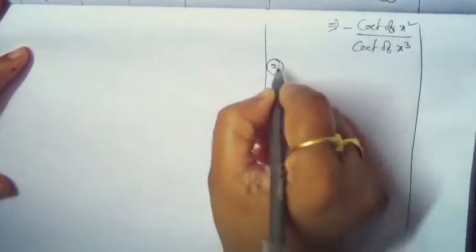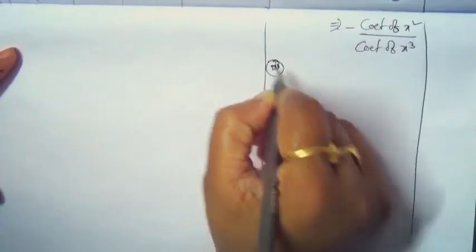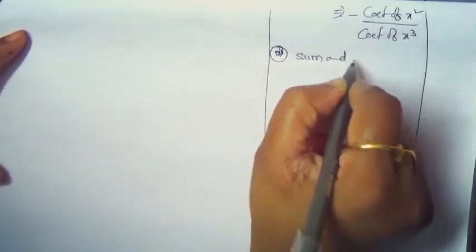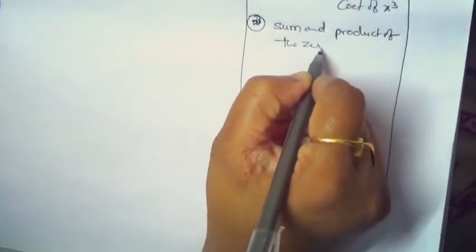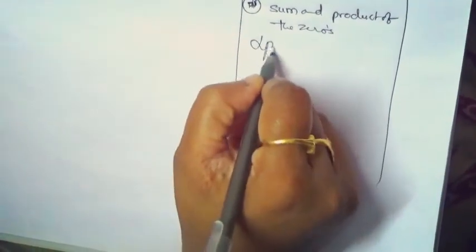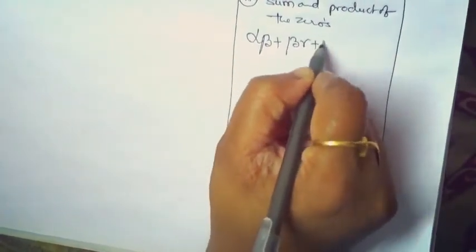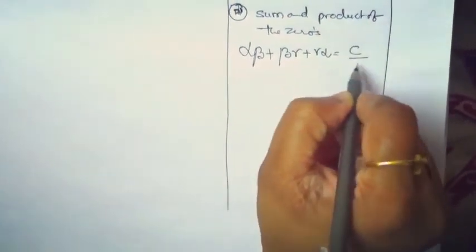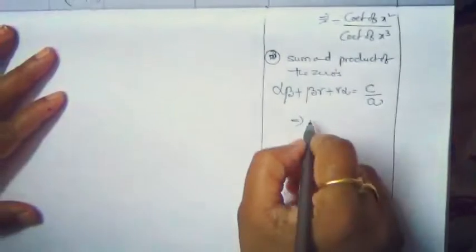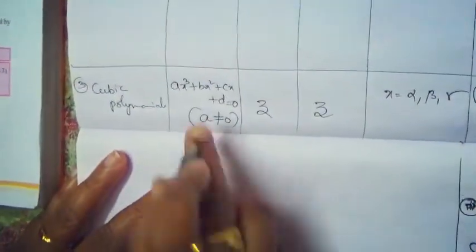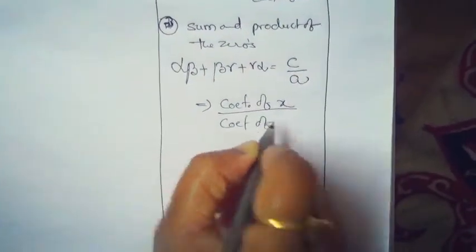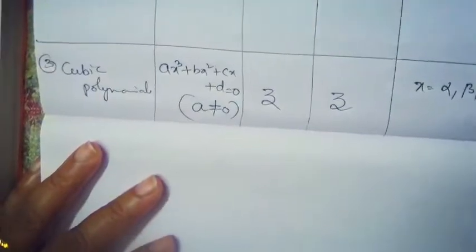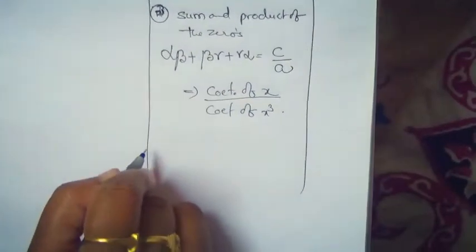So the second relationship is the sum of the products of the zeros taken two at a time: alpha beta plus beta gamma plus gamma alpha is equal to c by a. What is c here? Coefficient of x, by the coefficient of x cube.